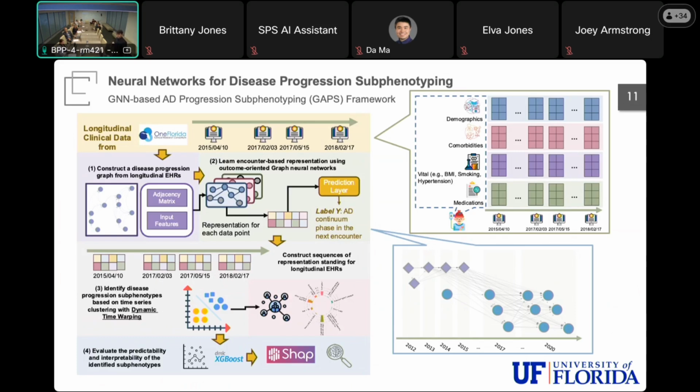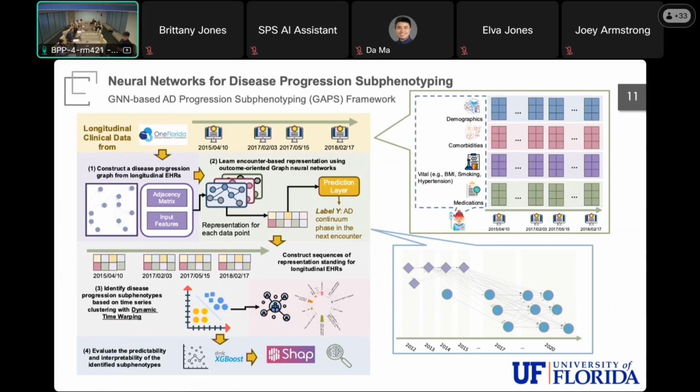By training these graph neural networks, we can generate representations of each encounter, and this representation encodes the clinical factors and the outcome information, which should be helpful for the follow-up analysis. Then, after obtaining the representations of the encounters, we arrange these representations into a sequence according to the original time order of the longitudinal EHR.